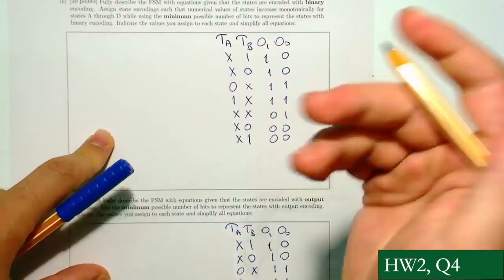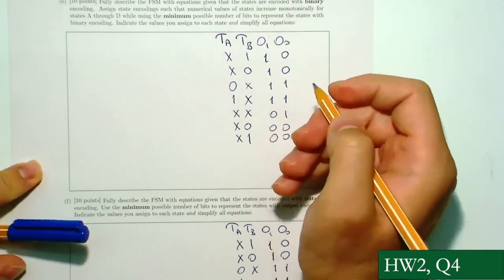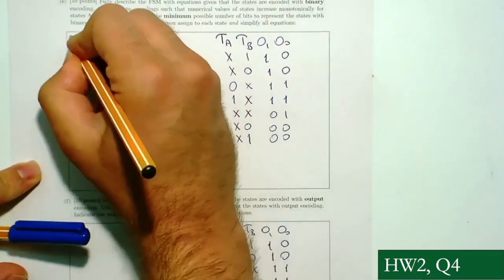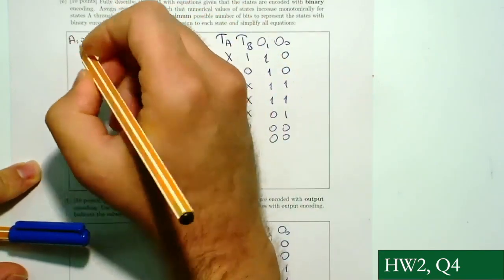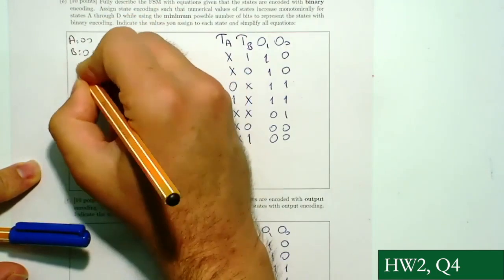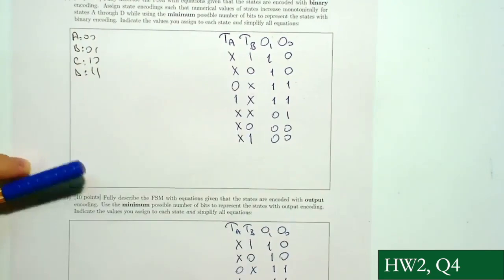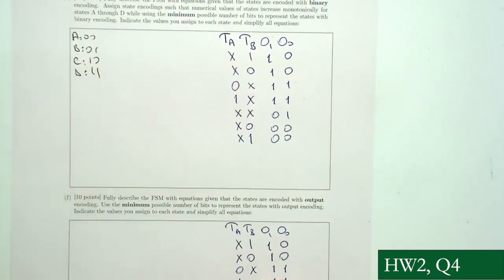So for the binary, basically we can use 2 bits to represent four states, right? So I'm going to represent A as 0, 0, but it's all up to you how you represent. It doesn't really matter. But make sure that you use the minimum amount of bits to represent the states.